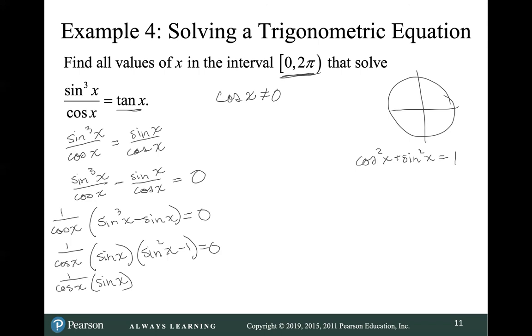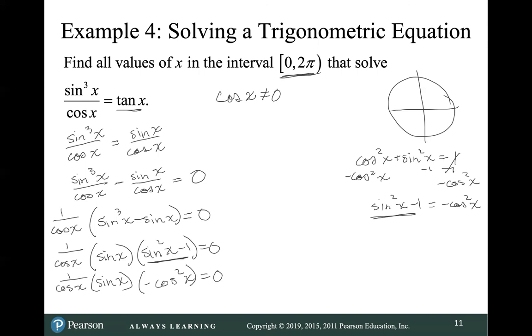So that means if I subtract 1 from both sides and subtract cosine squared from both sides, I'll get that sine squared x minus 1, that's what I was looking for, equals negative cosine squared x. So I took something that I knew had sine squared and a 1. I used the Pythagorean identity. But then I rearranged the Pythagorean identity until it looks exactly like what I need to substitute. So that becomes now negative cosine squared x equals 0.